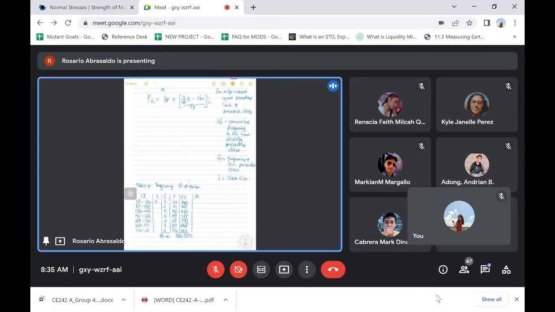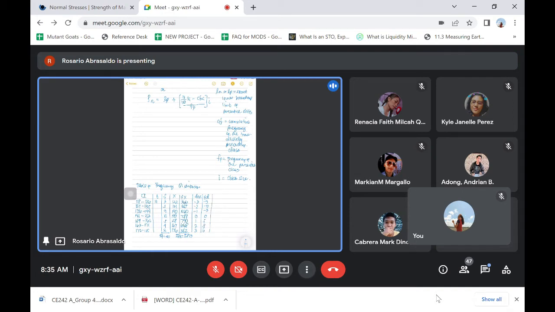The deviation is based sa atong frequency. Okay, we have 0 here, negative 1, negative 2, 1, 2, 3. That is for the deviation. The frequency times the deviations: negative 9, negative 10, negative 9, 0, 5, 8, 6.